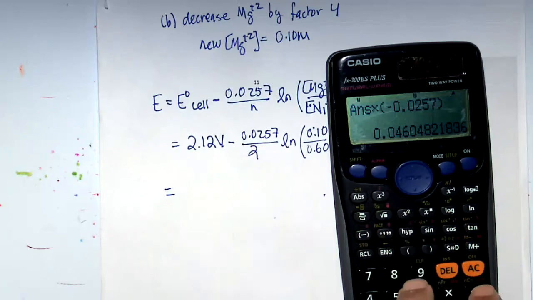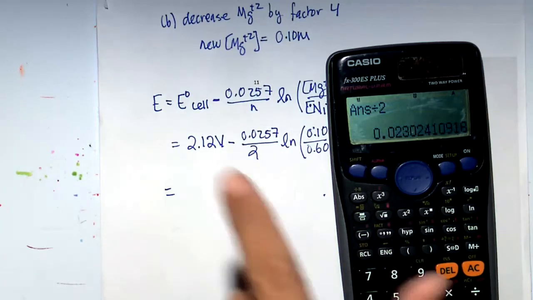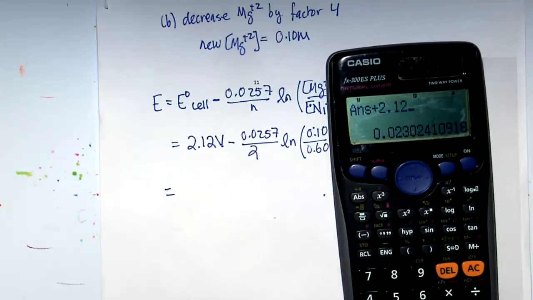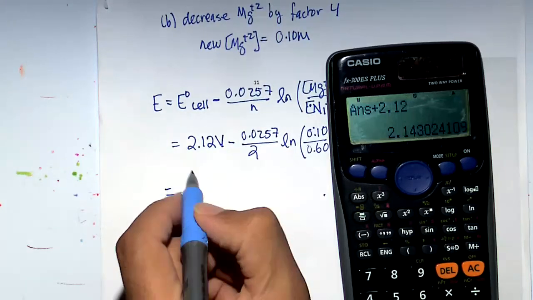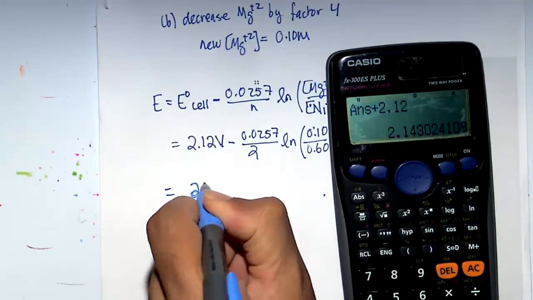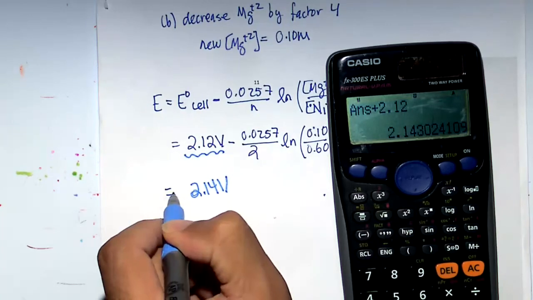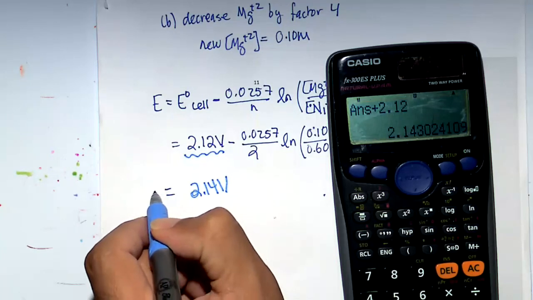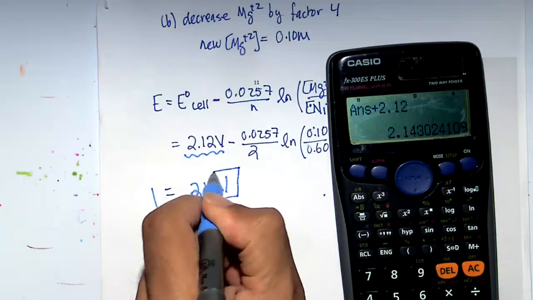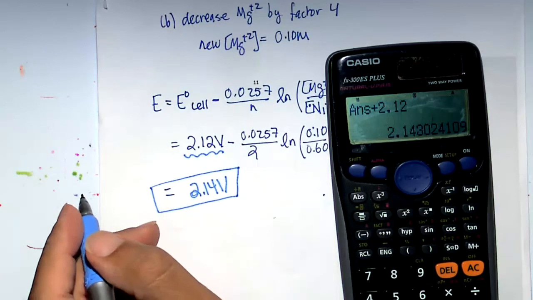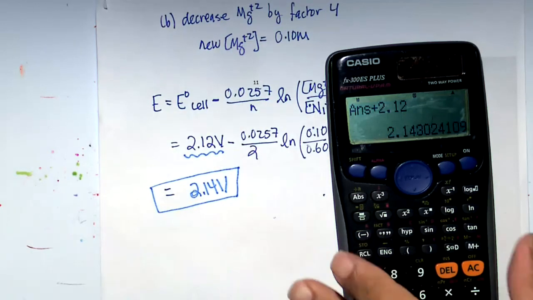Don't forget to divide it by 2, and then add 2.12 volts. And we're getting about 2.14, 2.143. We'll just call it 2.14 volts. Okay, so at standard state, it was 2.12 volts. Decreasing magnesium by a factor of 4, it's 2.14 volts. So a little bit of an increase in the voltage.